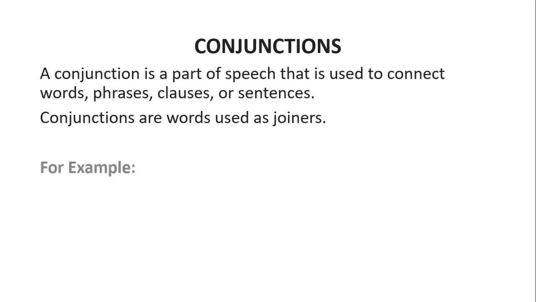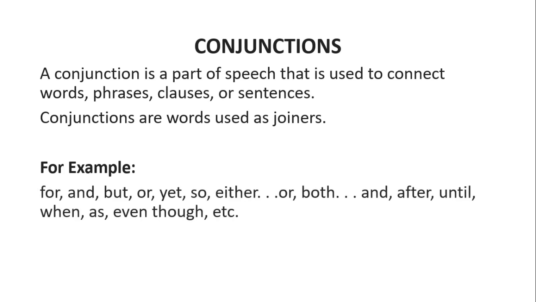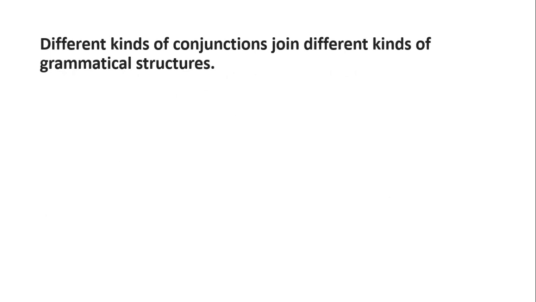For example, for, and, but, or, yet, so, either or, both and, after, until, when, even though, many more. Different kinds of conjunctions join different kinds of grammatical structure.